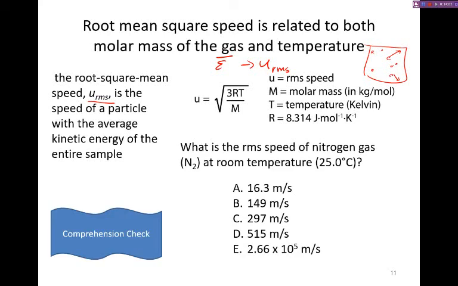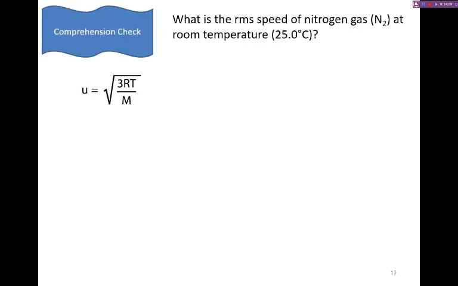So let's do a calculation here. What's the RMS speed of nitrogen gas at room temperature, 25 degrees Celsius? So we have our equation here. We have our temperature, but we need to convert to Kelvin. The way that we do that is by taking the temperature in degrees Celsius and adding 273.15 degrees.